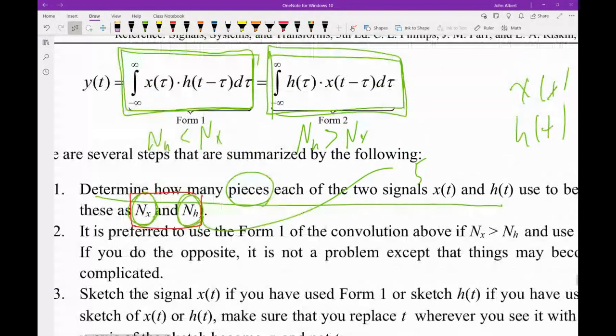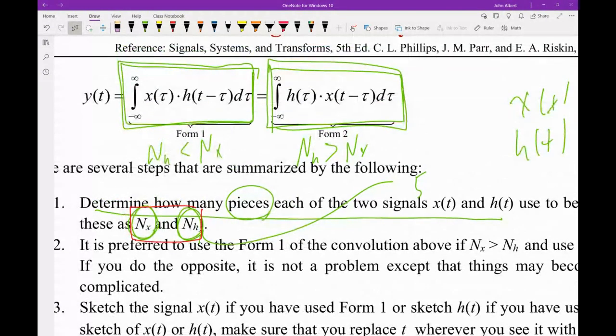In many situations, you'll find that it doesn't make any difference, because this is defined in 2 pieces and this is defined in 2 pieces, for example. But in general, if you have one of those 2 possibilities, use this form or this form. Now, does it mean that you have to memorize this? No. You'll understand why when I go to the next few steps. But understand that this is what I will probably do.